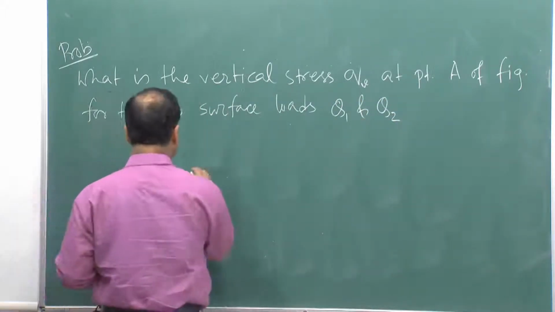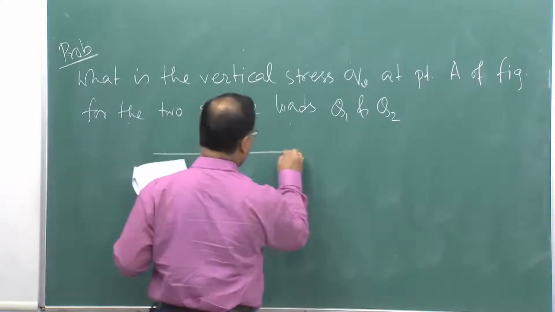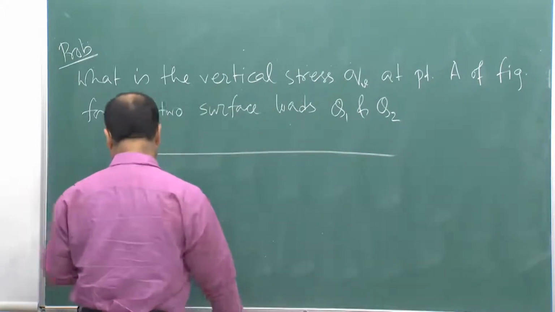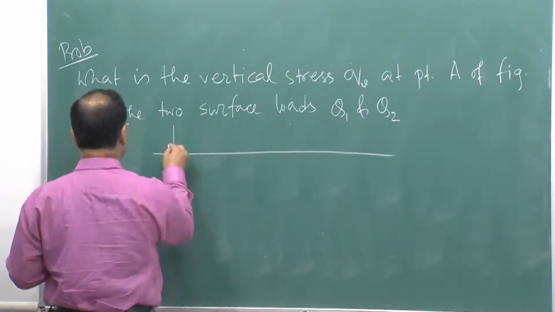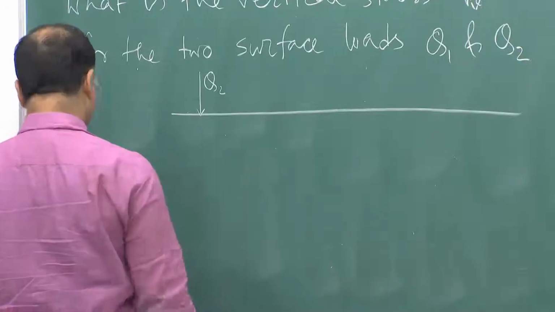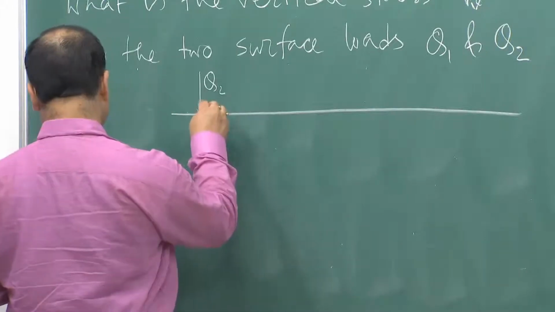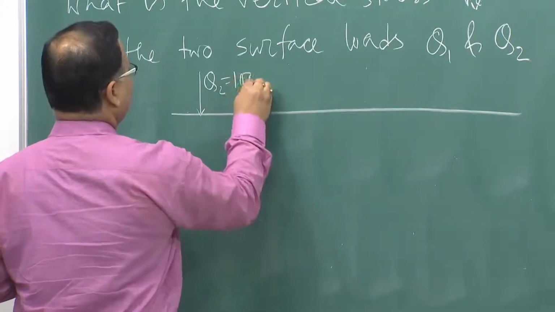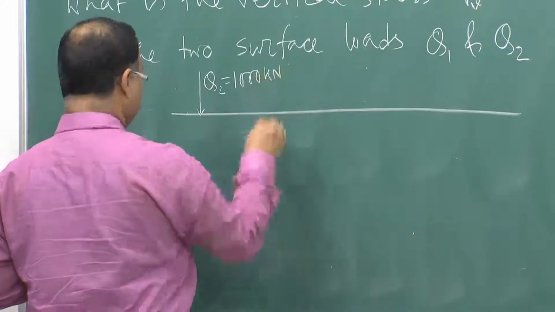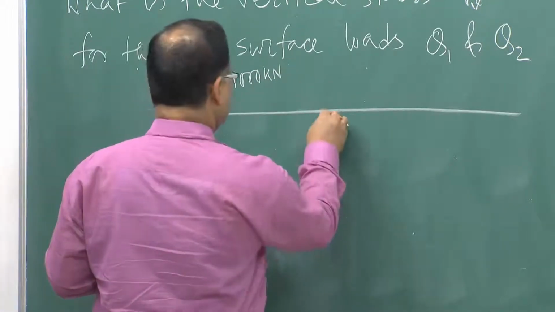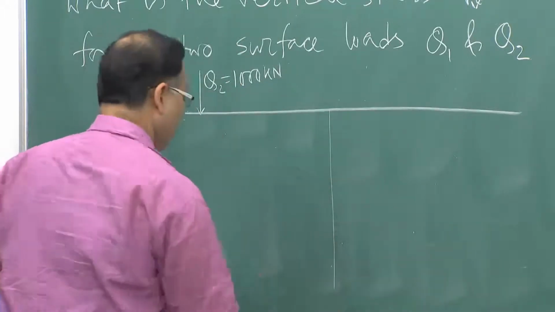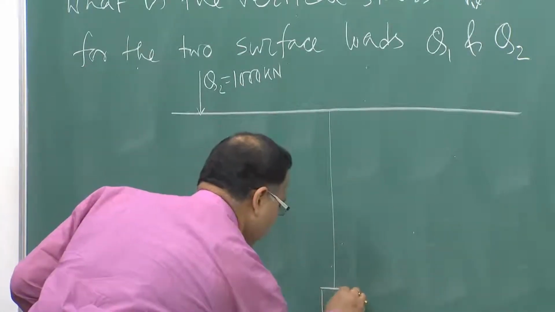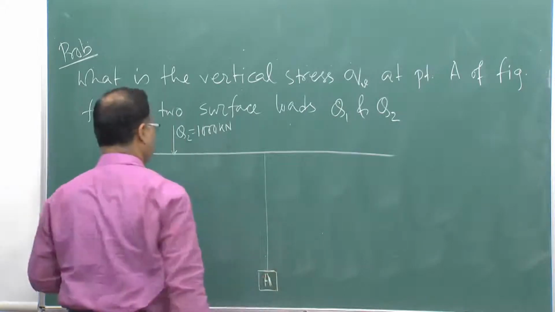Okay. So, now it looks like this. This is the surface, here Q2 is acting, which is equal to 1000 kilonewton, and we are considering one vertical section below which you have the point A.